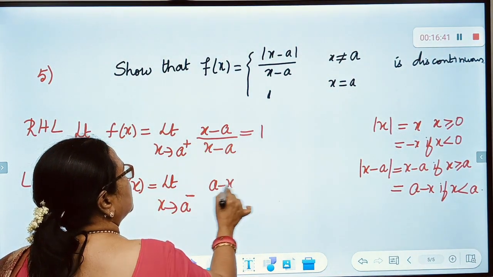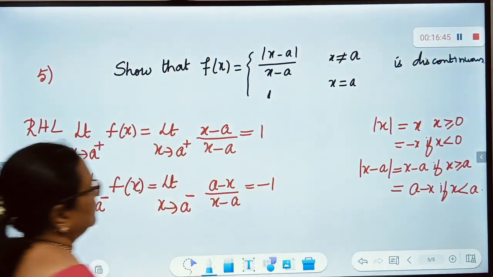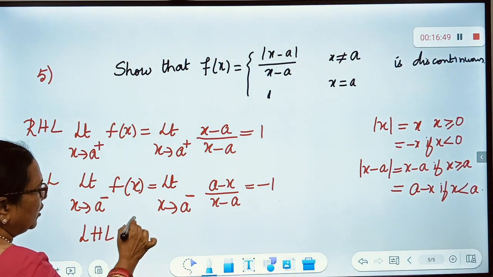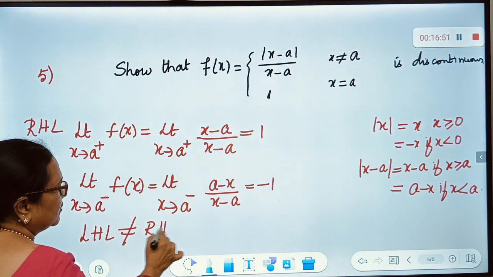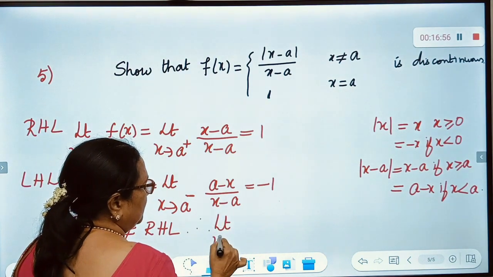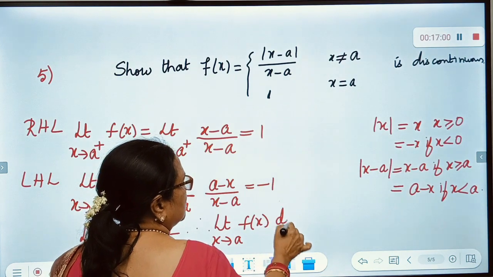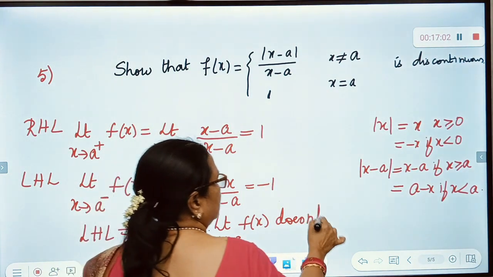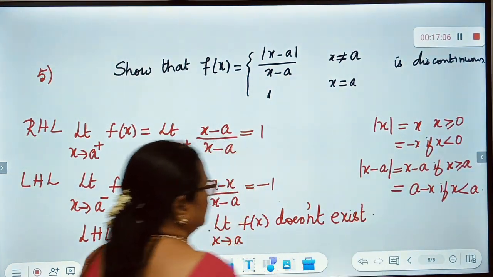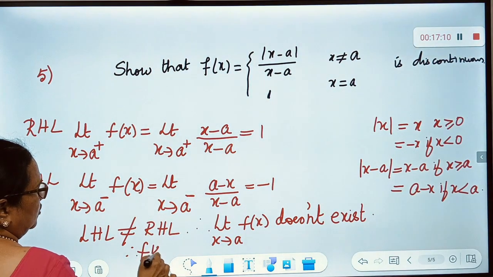So a minus x by x minus a is minus 1. So left hand limit is not equal to right hand limit. Therefore, limit x tends to a of f of x does not exist. Therefore, f is not continuous.